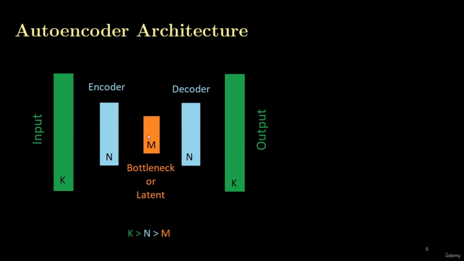Now, student, we can see that we have one layer in the encoder and one layer in the decoder. But this is not necessary. There could be many layers on the encoder side, and many layers on the decoder side, depending upon the size of the data and the task which you are going to perform with the help of the autoencoder architecture.